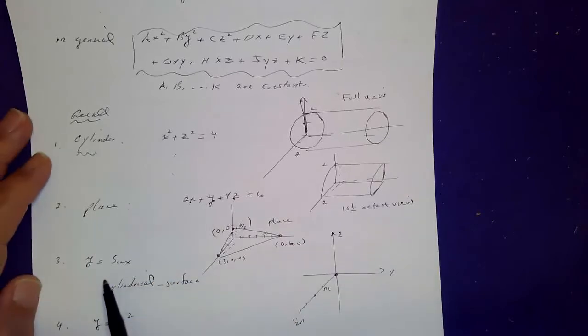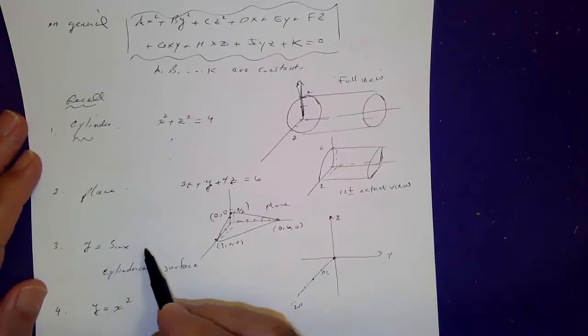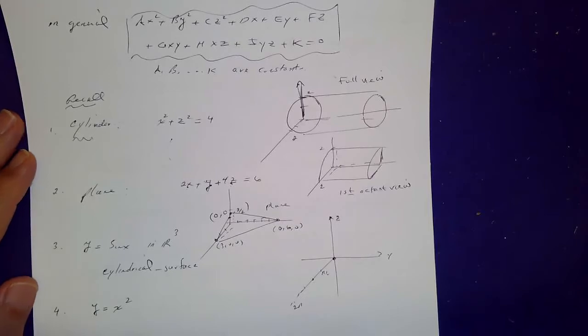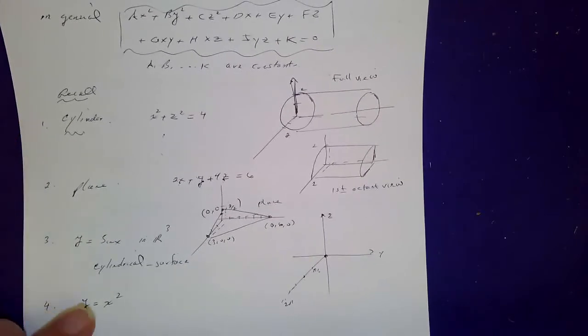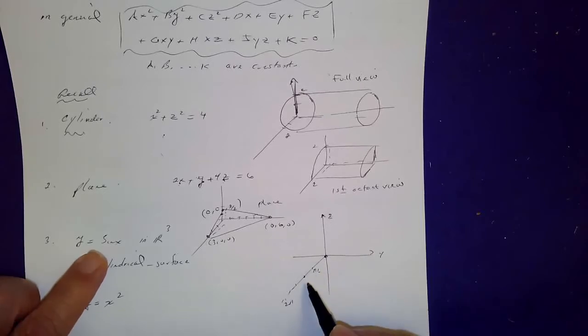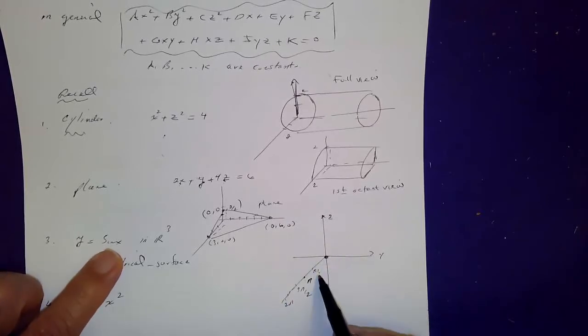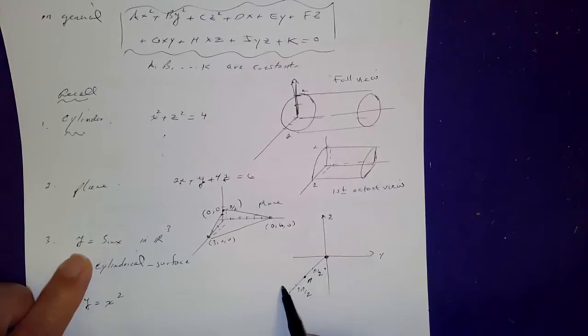When we have good old functions from algebra classes, their graph in 3D is called a cylindrical surface. In other words, it's a cylindrical looking surface. On the floor, you and I both know the graph of sine looks like this. Let's see now. At 0, sine of 0 is 0. At pi over 2, sine of pi over 2 is 1. At pi it is 0. At 3 pi over 2 it is negative 1.